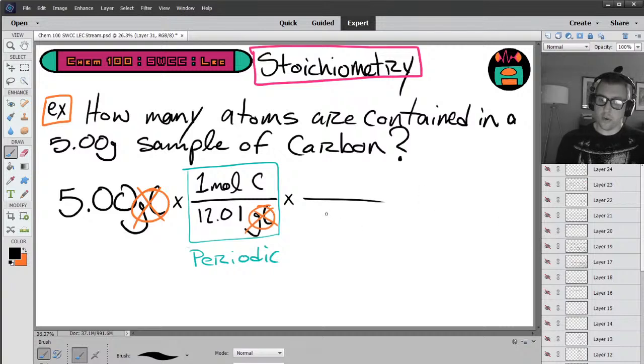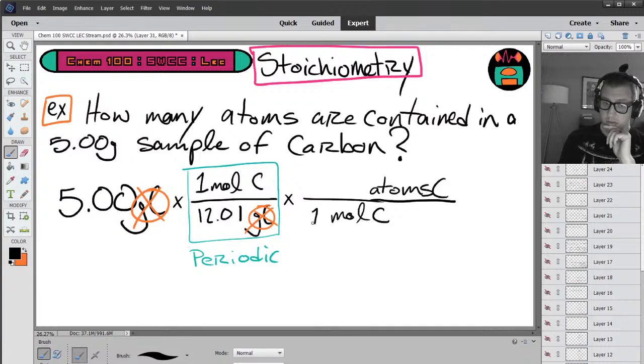Next, we want to convert from moles of carbon to atoms of carbon. And 1 mole has how many things in it? 1 mole has 6.022 times 10 to the 23rd things, and that will always be the same.